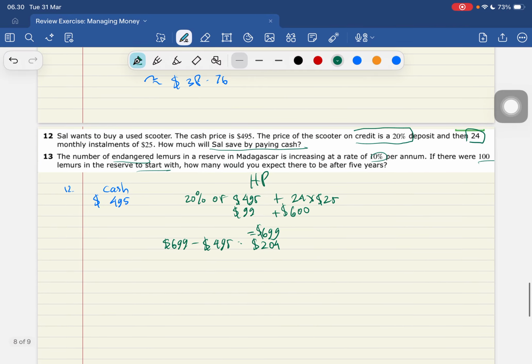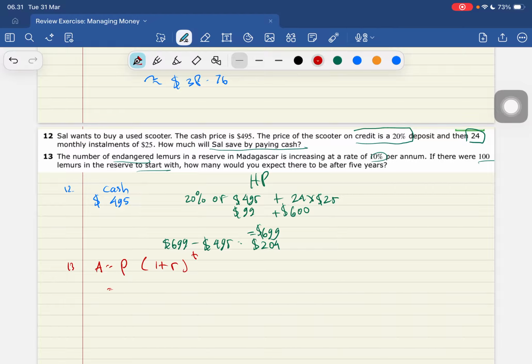So let A be the final population, P the initial population, which is 100, then 1 plus R, where R is the growth rate, to the power of T, the time.